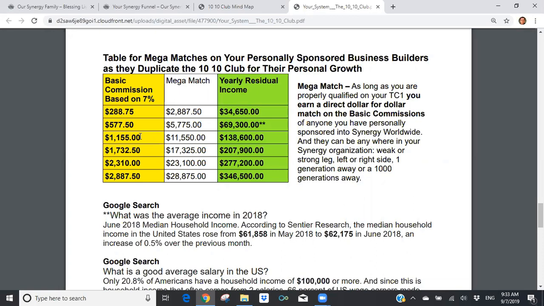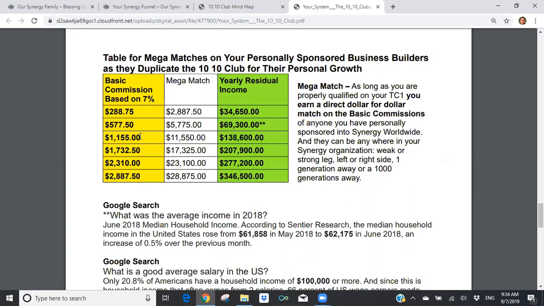And as that replication process continues to grow, let's say that your original 10 business builders, and you can always sponsor more than 10. So every person that you sponsored in Synergy Worldwide, whether it's your first one or whether it's 20, you want to teach them how to implement the 10-10 program because it's to their advantage and your advantage. It's a complete win-win situation. Everyone wins when you apply the 10-10 Club.